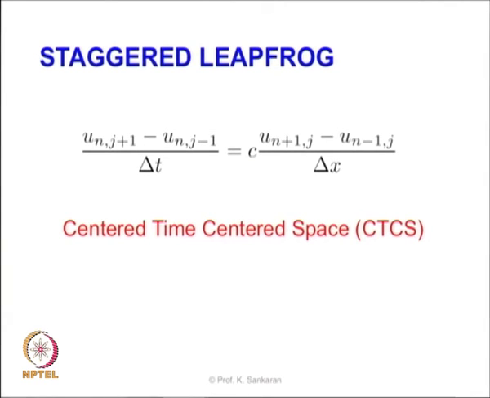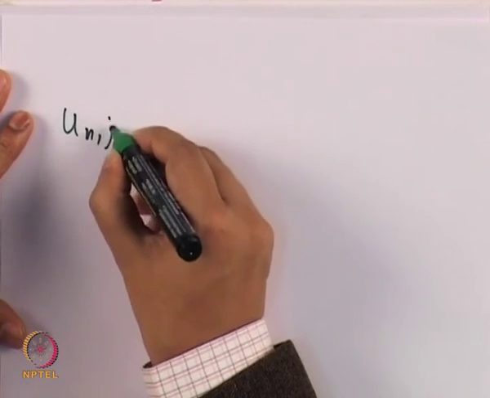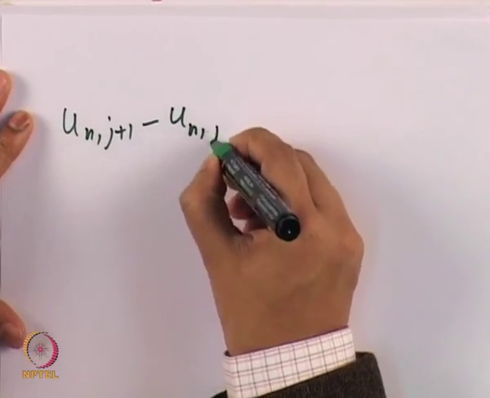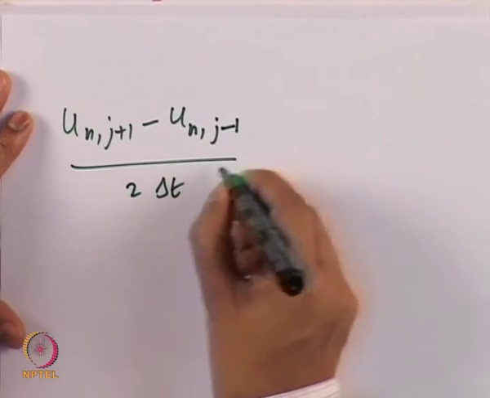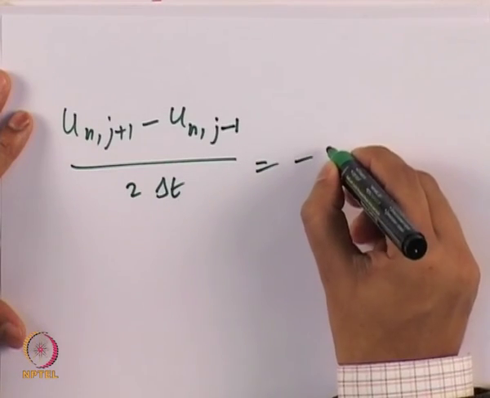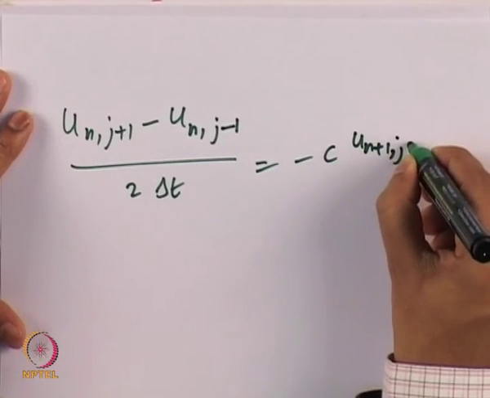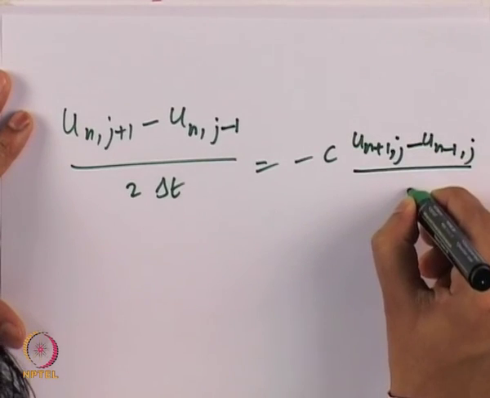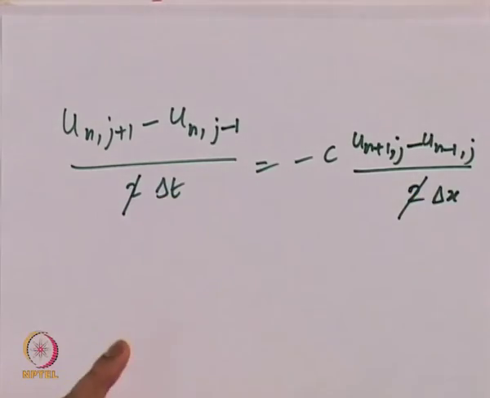Remember that in a centered scheme you will have u of n comma j plus 1 minus u of n comma j minus 1, divided by 2 delta t, equal to minus c times u of n plus 1 comma j minus u of n minus 1 comma j, divided by 2 delta x, and this 2 and 2 get cancelled, and that is why we have only delta t in the equation.